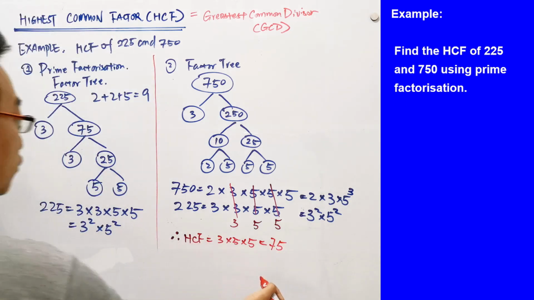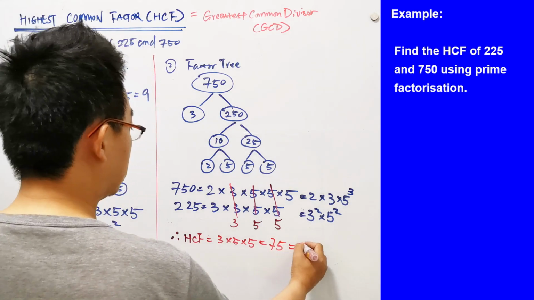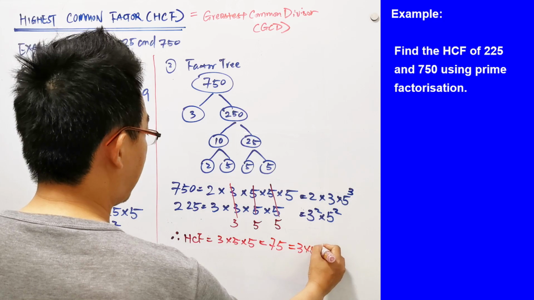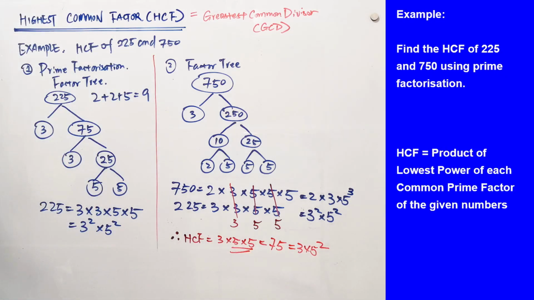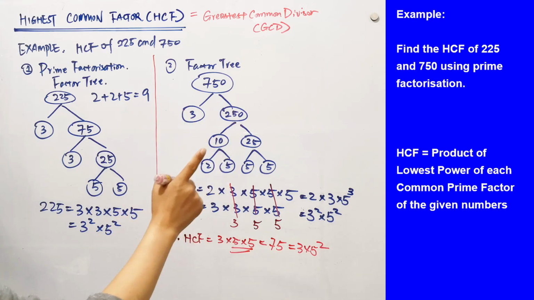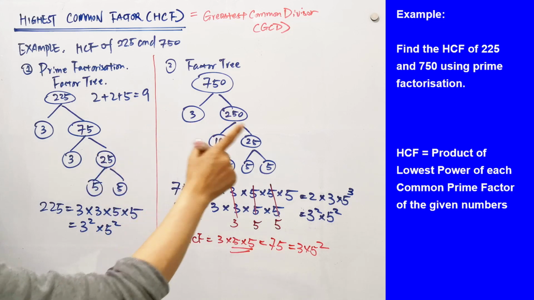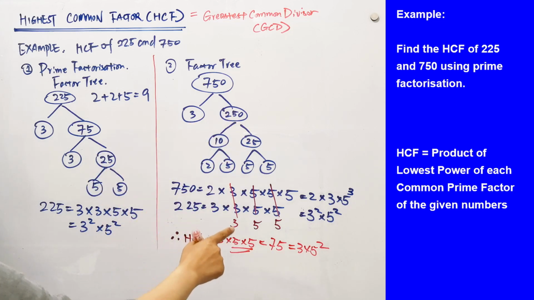We also notice that it's 3 times 5 square, because here you got 5. So basically, the HCF is obtained by multiplying the lowest power.